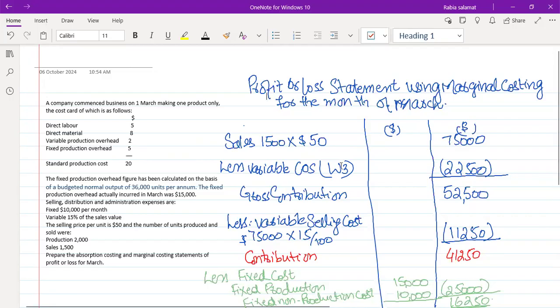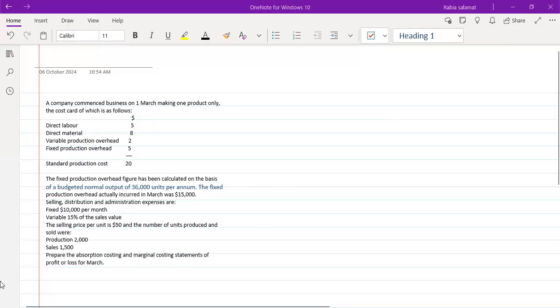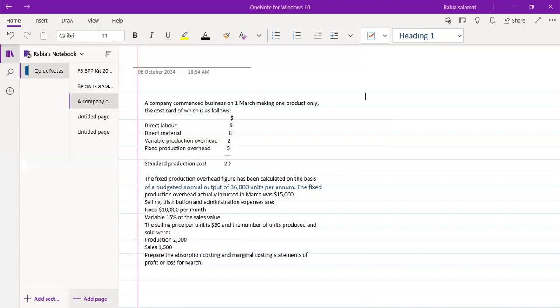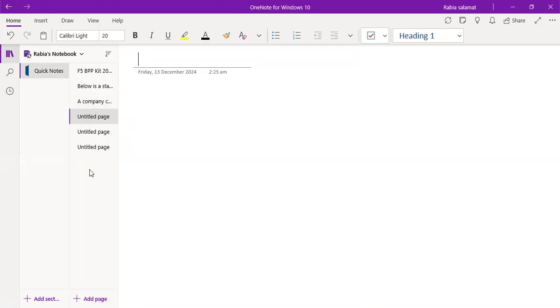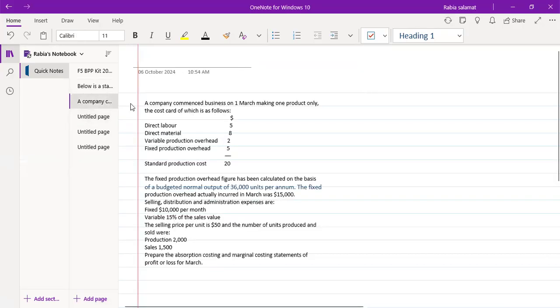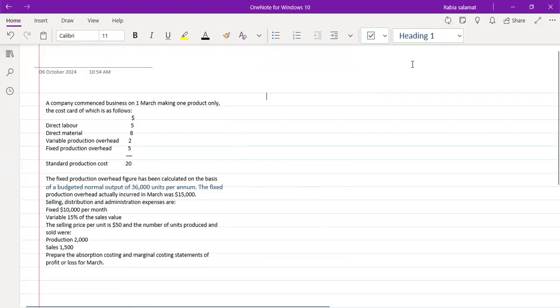Now we will reconcile the profit of marginal and absorption costing. Reconciliation of marginal and absorption costing.